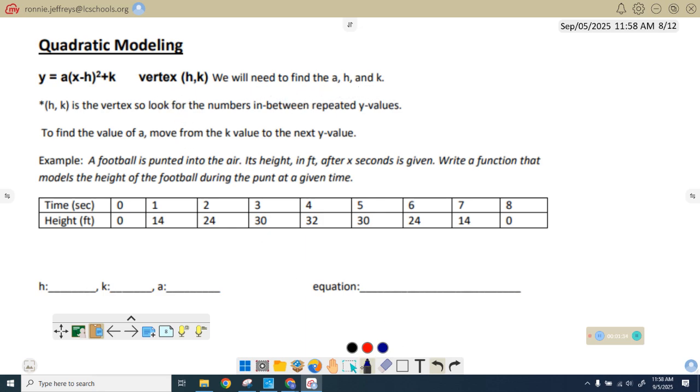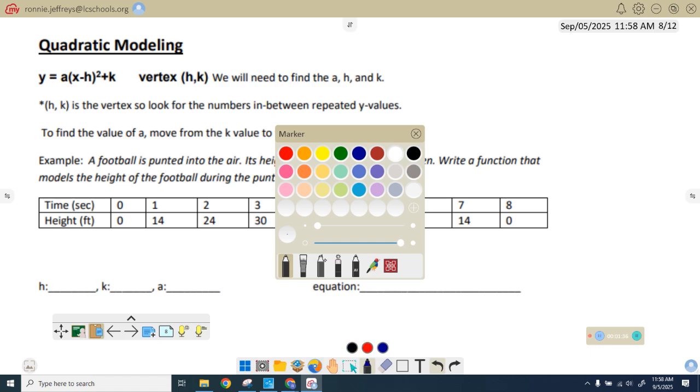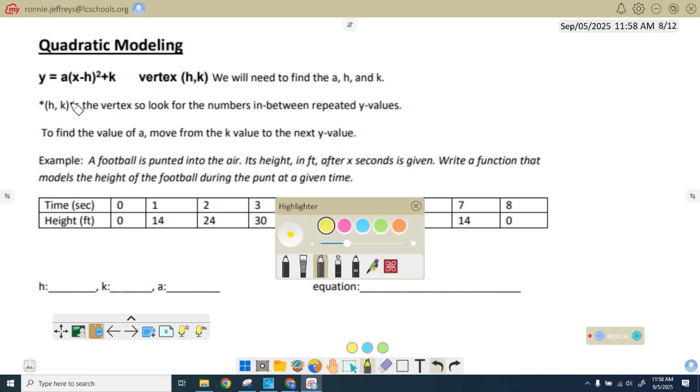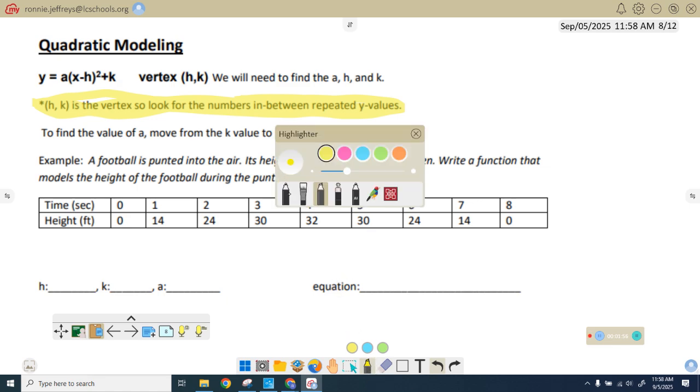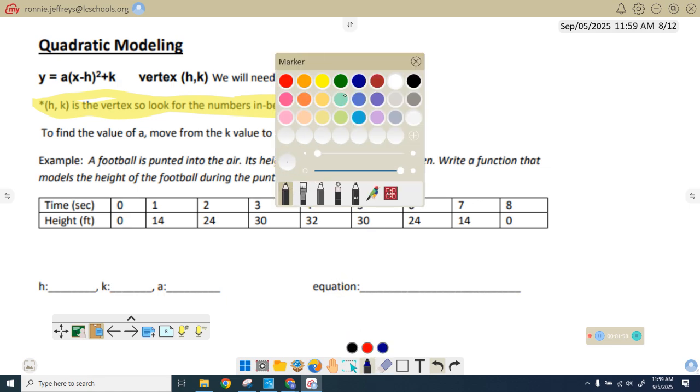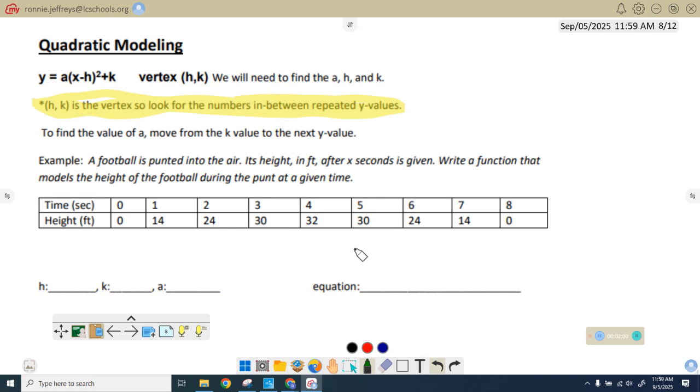Alright, this is how. I know I'm going to explain this, and I'm going to say it, and we're going to do it, and then I'm going to say it as slow as I can, and then people will be like, I don't know what that means, because you're not really paying attention. Alright. It's the vertex, so we look for the numbers between the repeated values, okay? When I mean repeated values, we look between the y's.